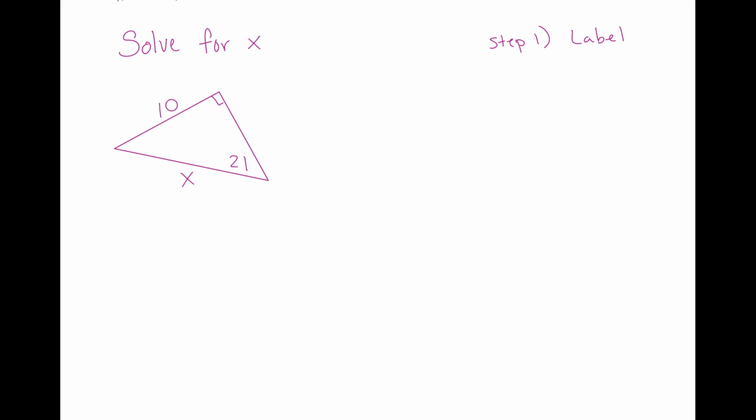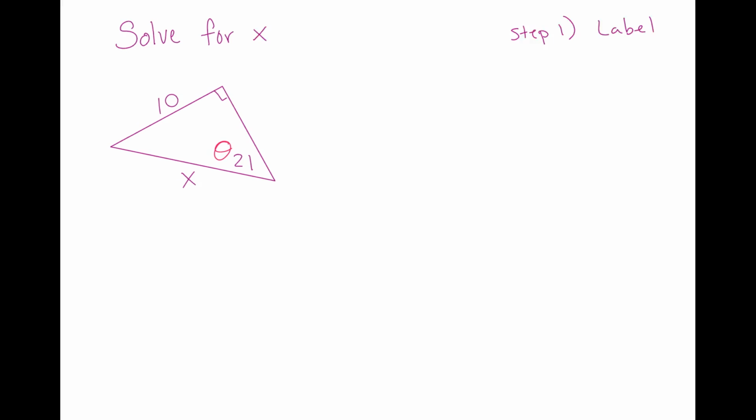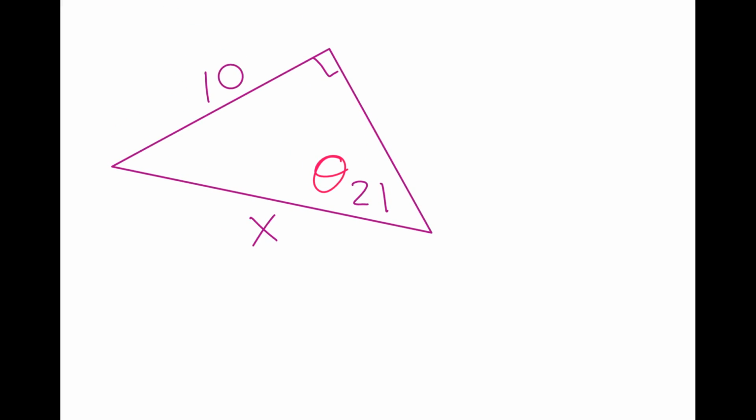The angle they give us, is it ever the right angle? No. Where is our hypotenuse? The side across from the 90, so the x. Remember, if you ever forget how to find the hypotenuse, cover up the right angle. The only side that you can see is your hypotenuse.